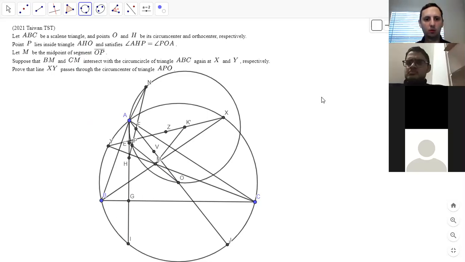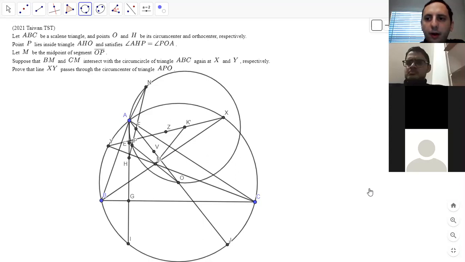It is enough to show that O, M, Z, and K prime are concyclic, right? Yeah, that should. Then we want the angle OZM equals the angle OK prime M.